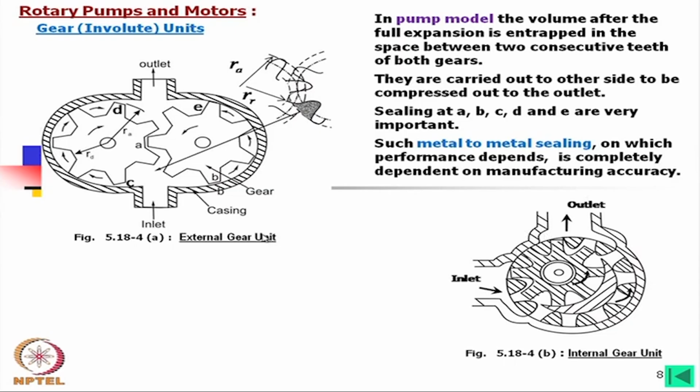Now, the important factor is that the sealing between two chambers has to depend on metal to metal contact. This is metal as well as this is metal. Moreover, as it is rotating inside, there is a very small gap within tolerance dimension, but still there is a gap.